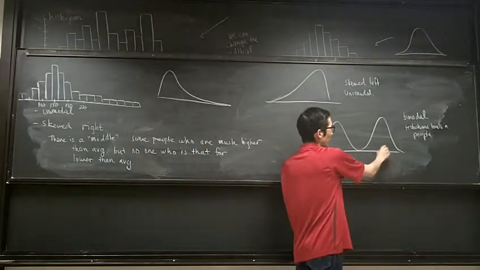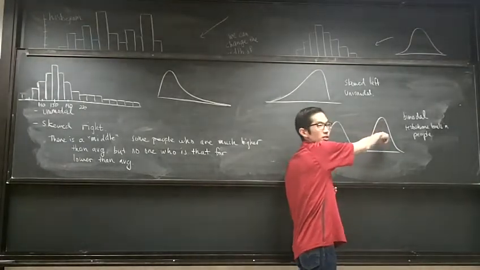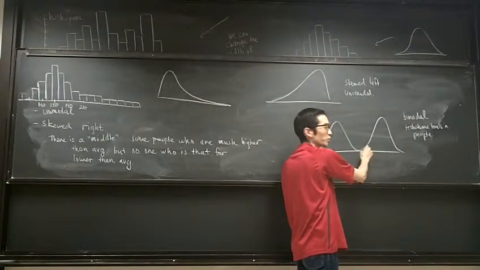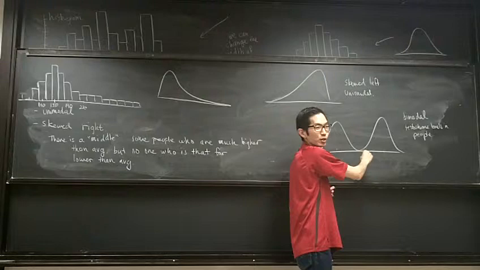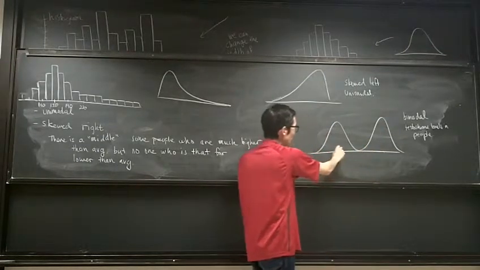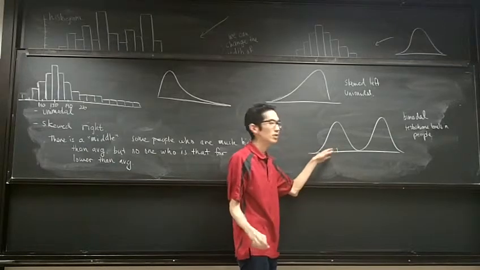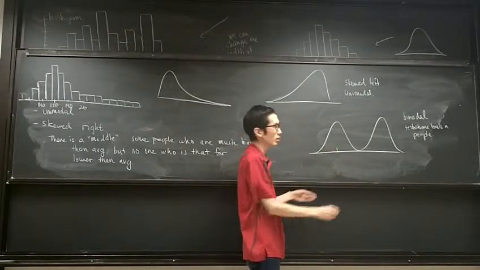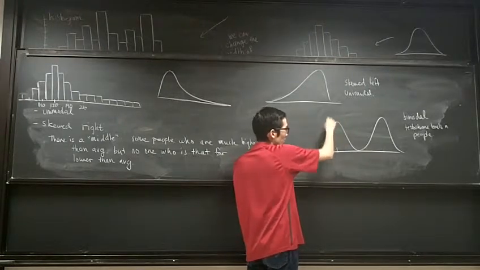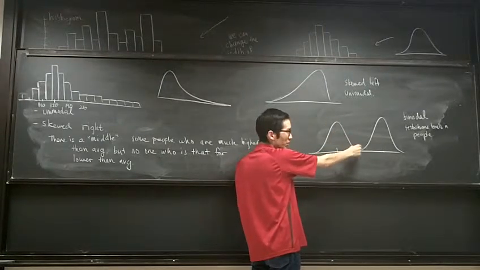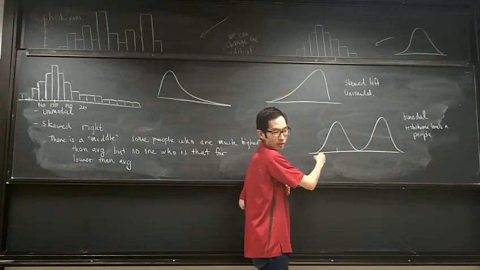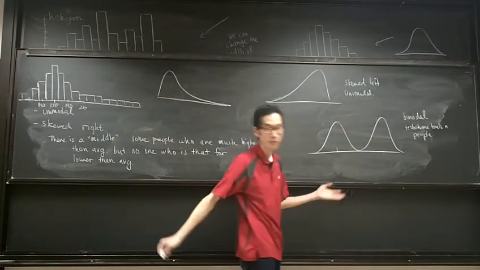Where this might be the average amount of testosterone that exists for a male. Some males produce more testosterone than other males. Some males produce less testosterone than other males, okay? And so that's represented in this thing. And over here, we have maybe the testosterone amount for women, okay? Average. The average amount of testosterone is here. Some women produce more testosterone than other women, some produce less. And you get something that looks like this.